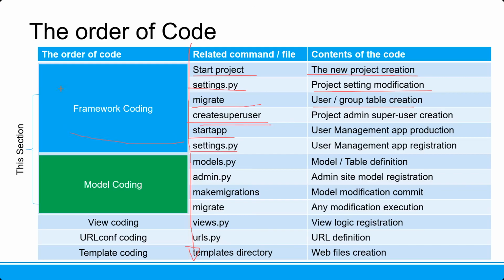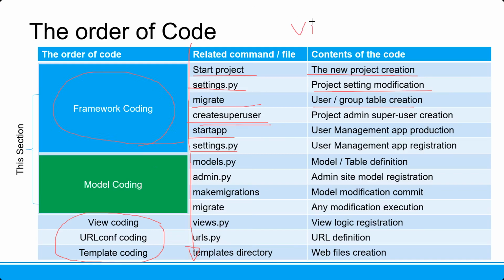So I mentioned this as the framework coding. Before you start with the code that we used before, if you still remember last time, we always create 3 things. You still remember?